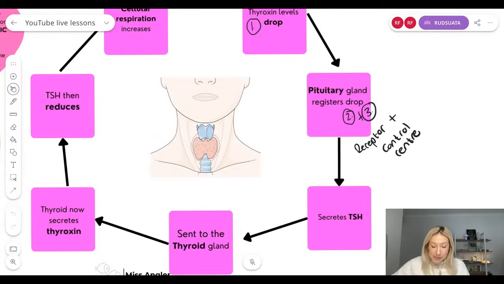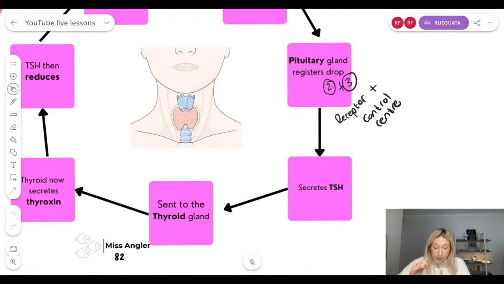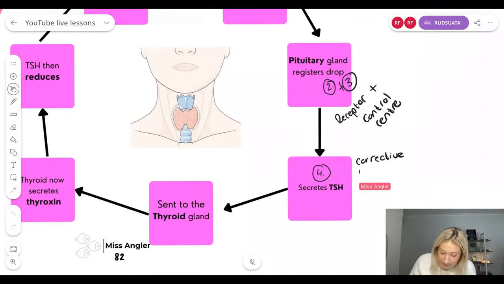What happens is the pituitary gland registers there's a drop, and it secretes thyroid stimulating hormone. That's number 4. Thyroid stimulating hormone is the corrective measure, as we just took down. The corrective measure is then sent to the thyroid gland.